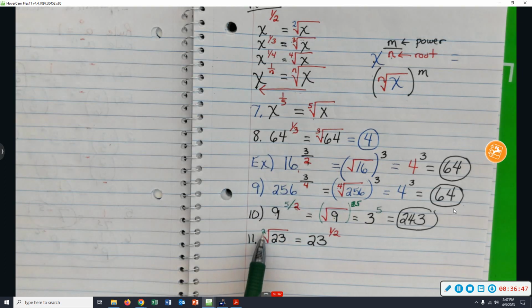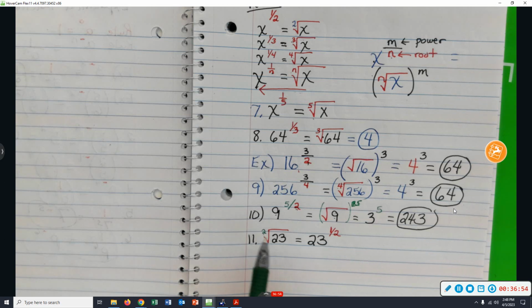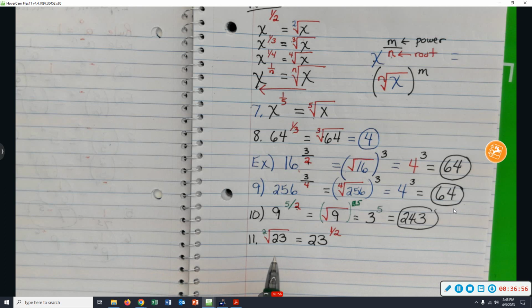Since there wasn't a number there as the root, we assume it's 2. So that's going to tell you what your fraction is. If there's no number, it's squared. Squared, that is what I meant.